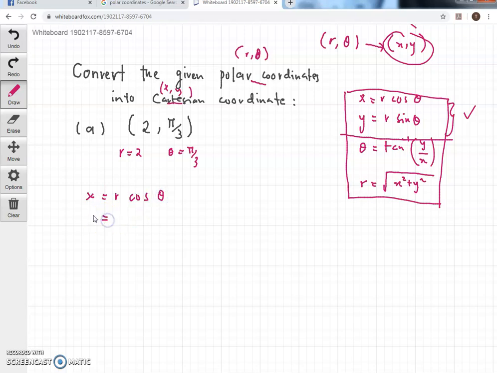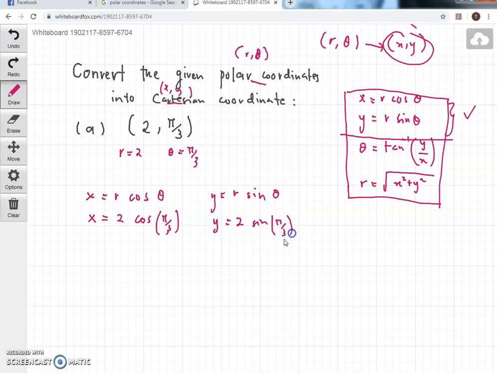Just plug in the values. So x will be equal to 2 cos pi over 3. And the value of y can be obtained by using the formula r sin theta, so y here is equal to 2 sin pi over 3.